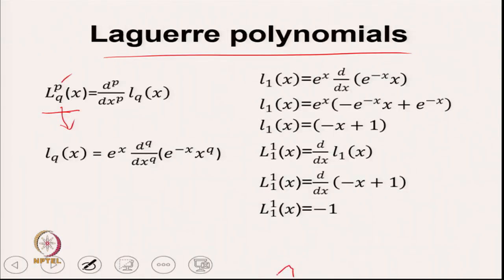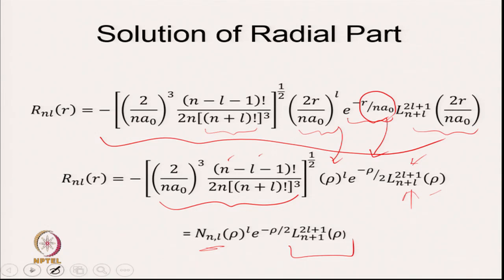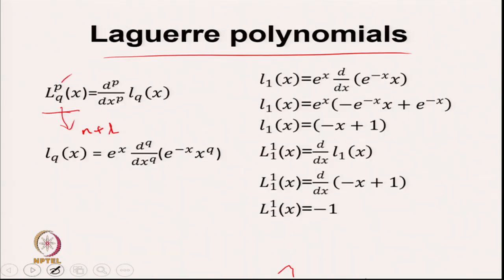So, this is your n plus L. Let us go back. This is your 2L plus 1. And this is basically differential with respect to x, with a power of p, and then L_q(x) is another function.